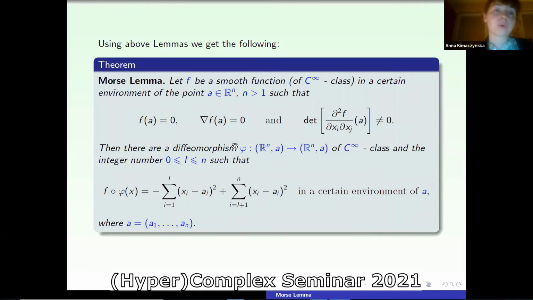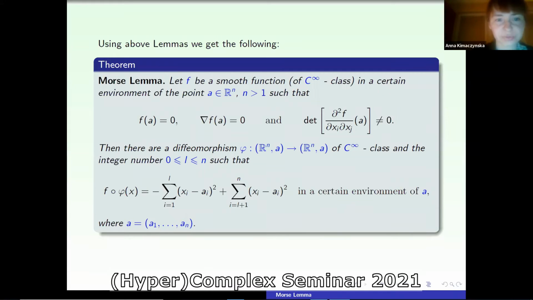Using the above lemmas, we get the following Morse theorem. Let f be a smooth function in a certain environment of the point A from Rn, n is greater than 1, such that f of A is equal 0, nabla f of A is equal 0, and the Hessian of f at the point A is not equal 0.